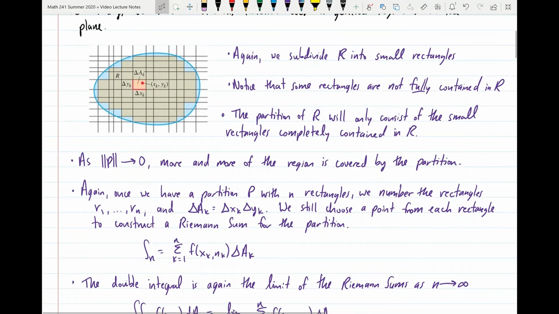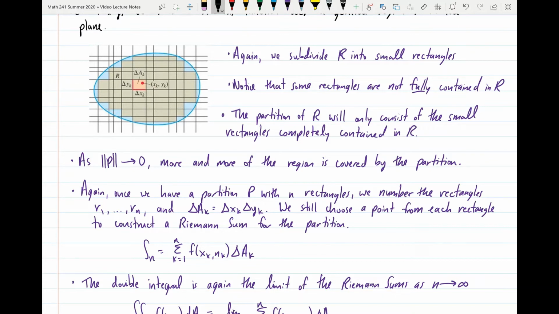And here's the key difference for general regions: some of those rectangles are not going to be inside of our region fully because our region is not a rectangle in this case. But as the norm of our partition goes to 0, it is true that more and more of the region is going to be covered by the partition.